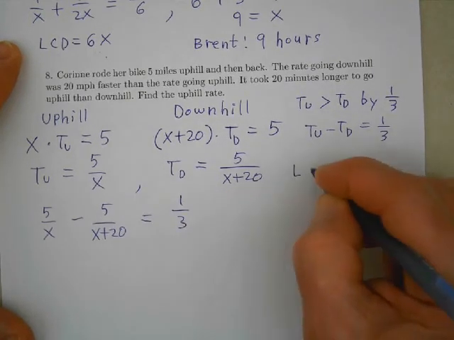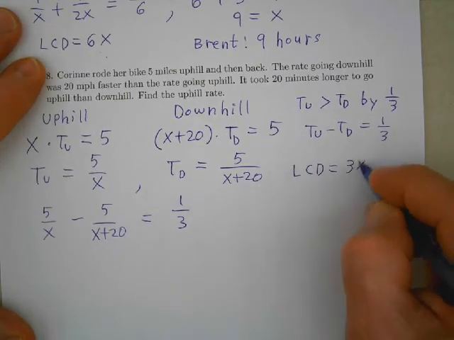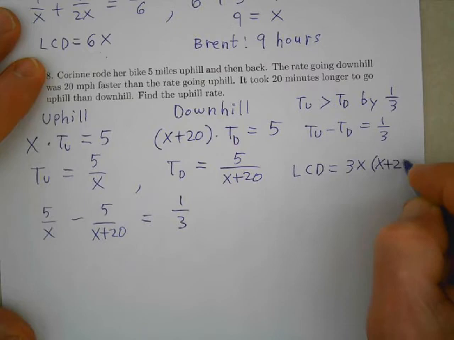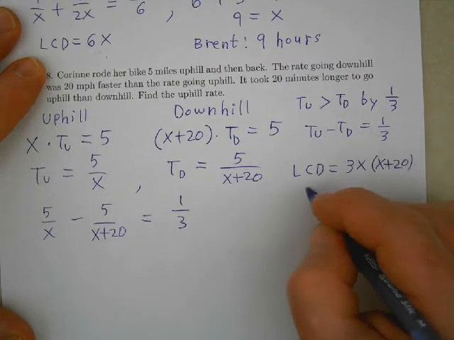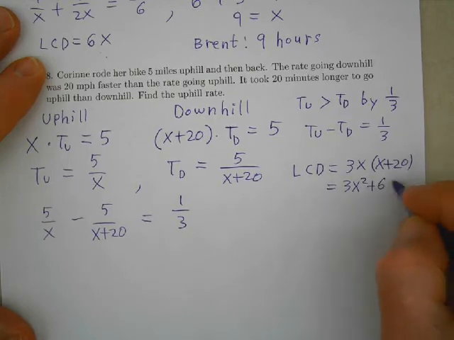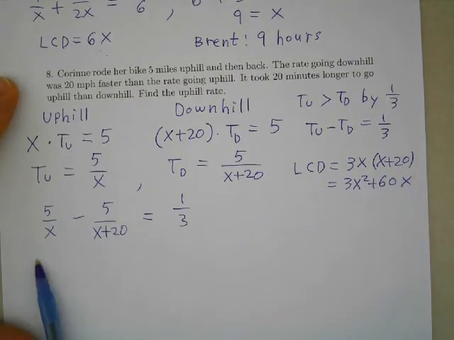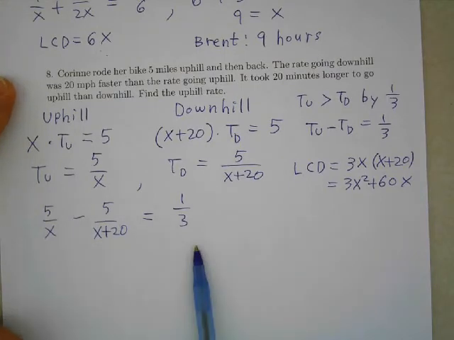The least common multiple of the denominators is 3 times x plus 20. Or if you want to multiply it out, it's 3x squared plus 60x. Okay, so we'll multiply the least common denominator by every term on both sides of this equation.